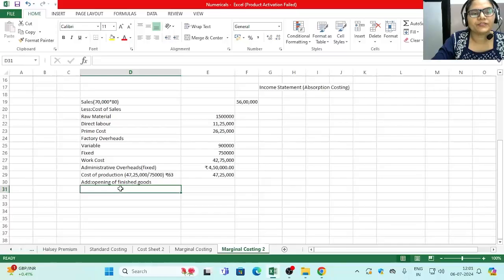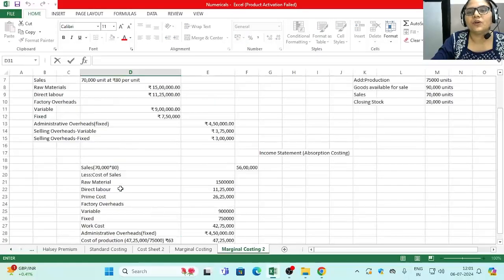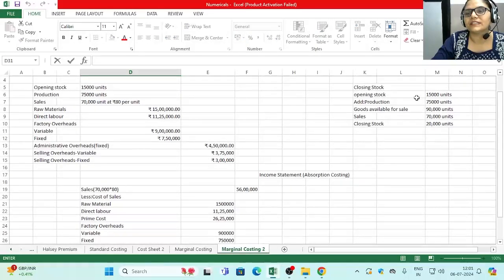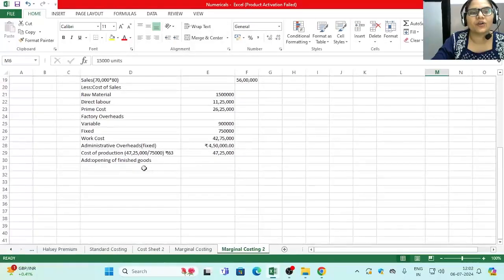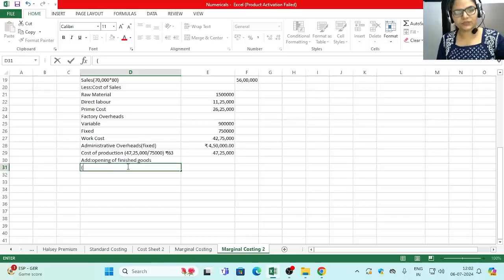Now, opening stock of finished goods. We know opening stock of finished goods is given as 15,000 units and cost per unit is rupees 63. What will be the cost of these 15,000 units?